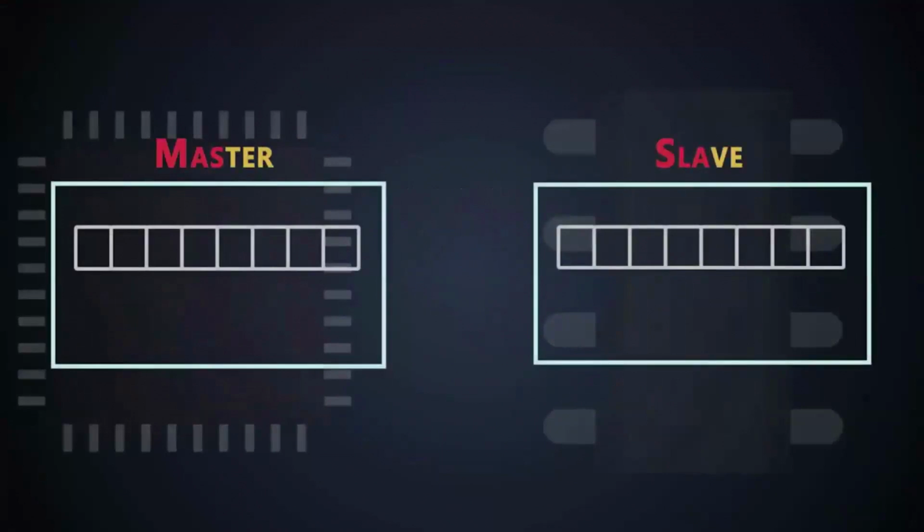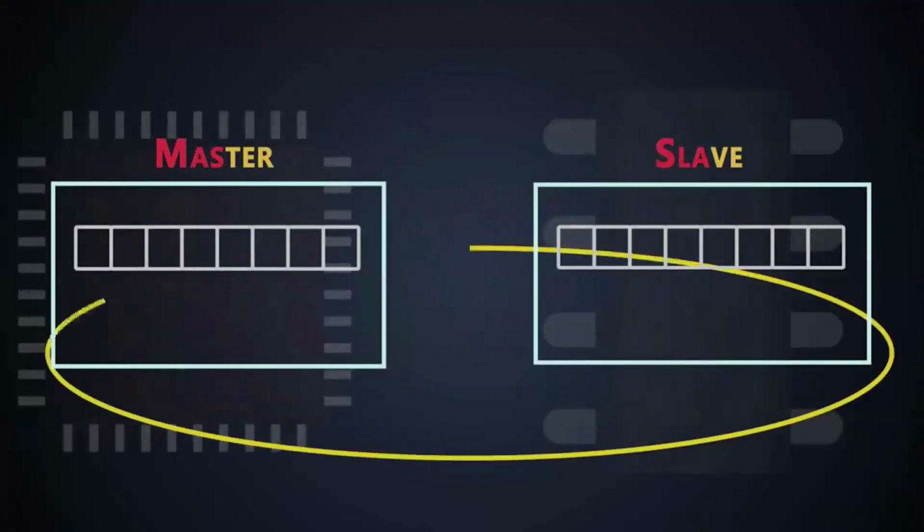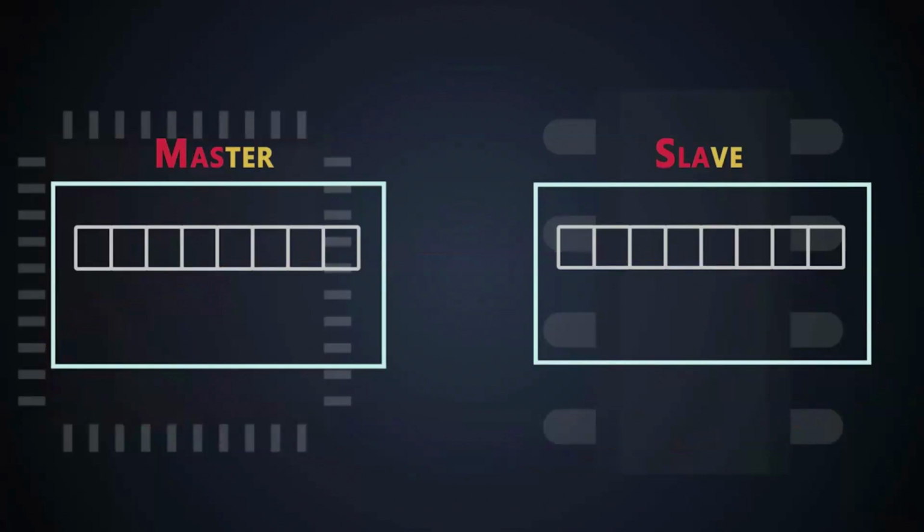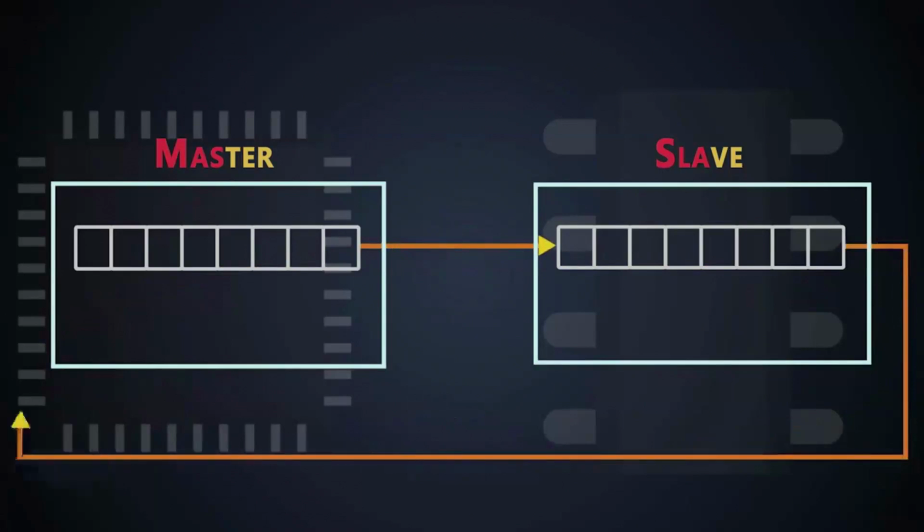The slave and master are connected in such a way that the two shift registers form an inter-device circular buffer. These shift registers operate in serial in, serial out mode. The output of the master shift register is connected to the slave shift register, and the output of the slave shift register is connected to the input of the master shift register. This makes the connections operate in a loop.